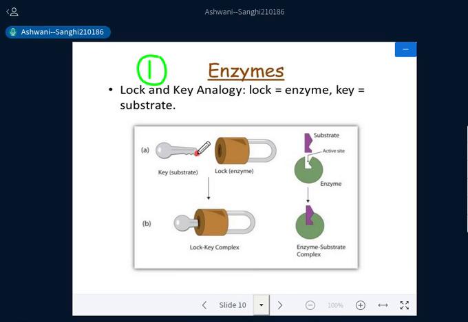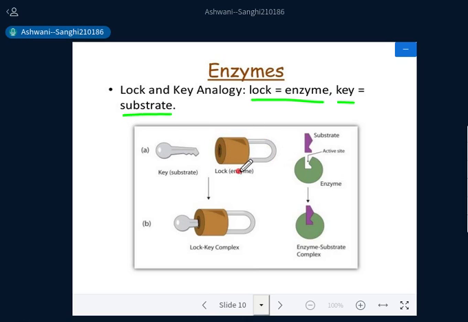He compared enzyme and substrate with lock and key. He compared lock as an enzyme and substrate as a key. Lock is enzyme, key is the substrate.